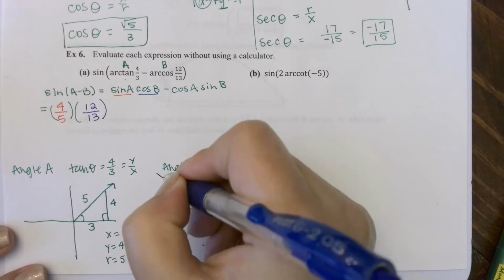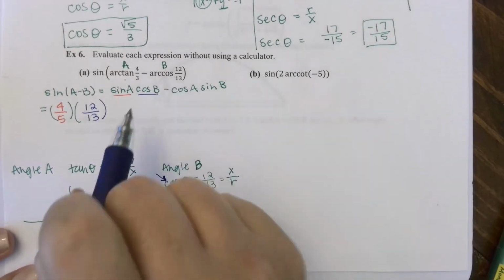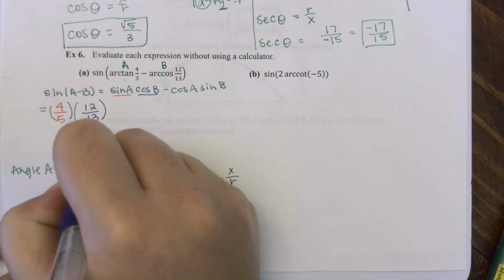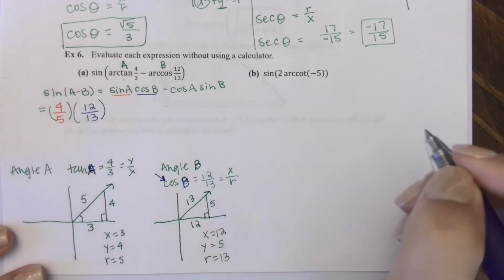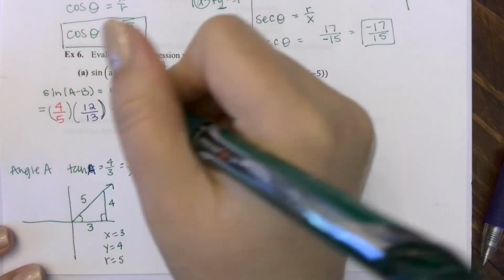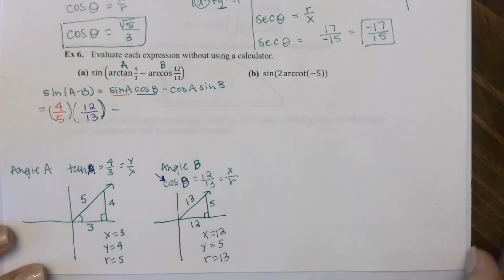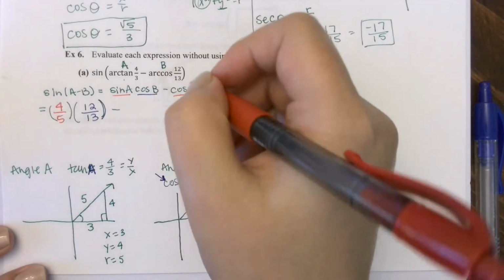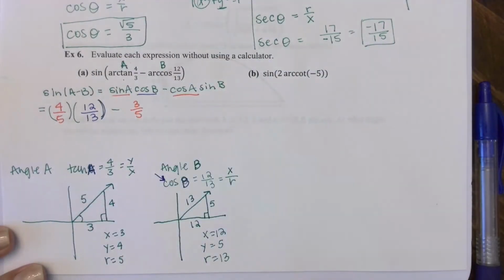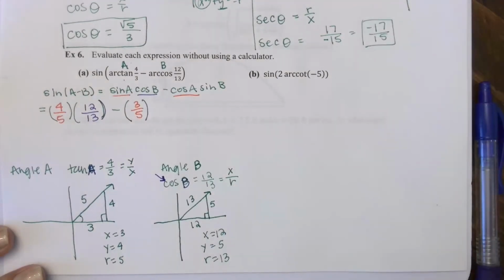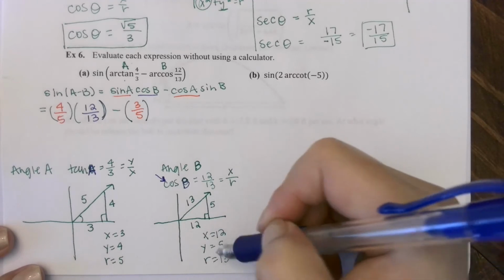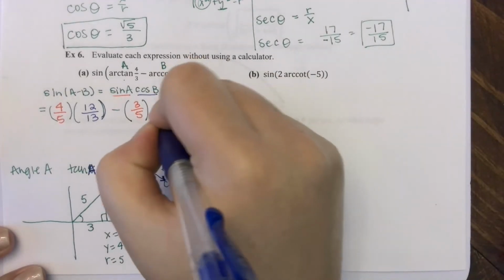You can also get that from whenever you set up the equation here, because this is cosine B, and this is tangent of A. So then we have minus cosine A. So cosine A is going to come from angle A. So that's x over r, so that's going to give me 3 over 5. And then last we have sine B. So that's going to come over here from angle B. So sine B is going to be y over r, so that's going to give me 5 over 13.